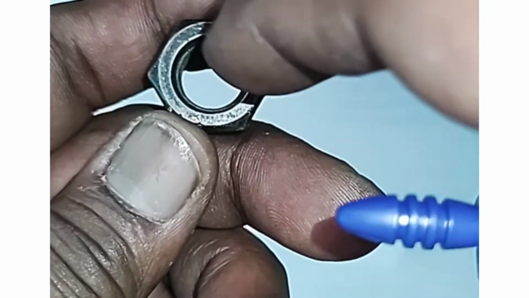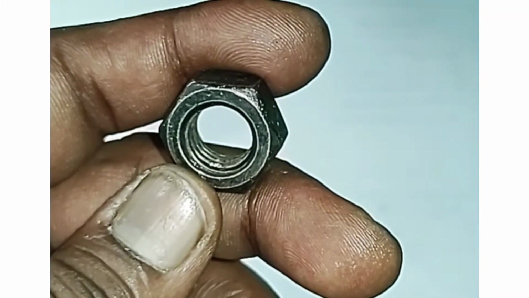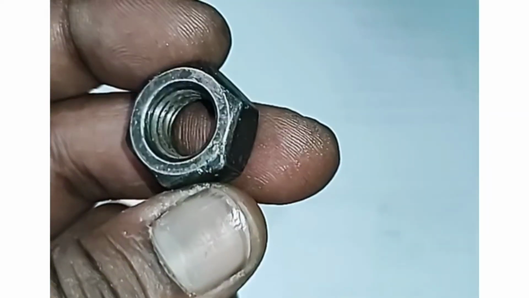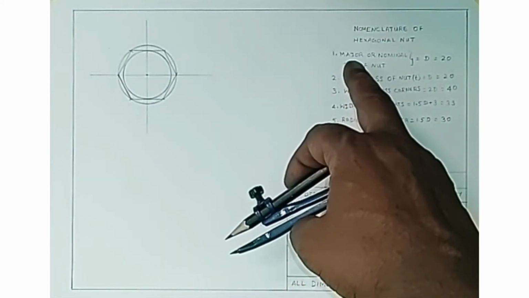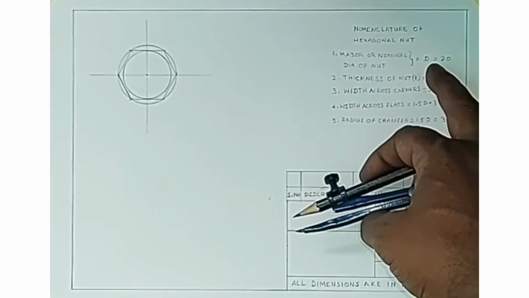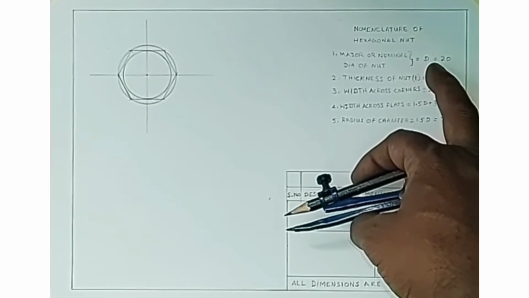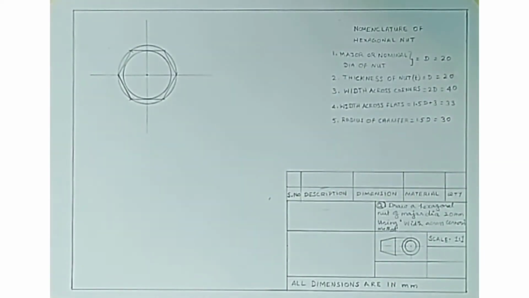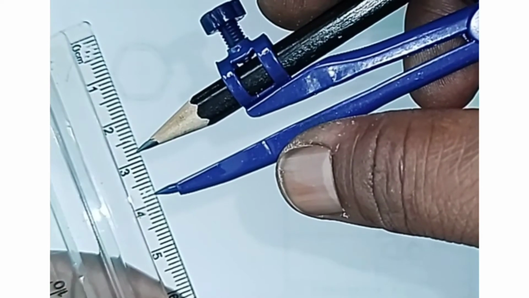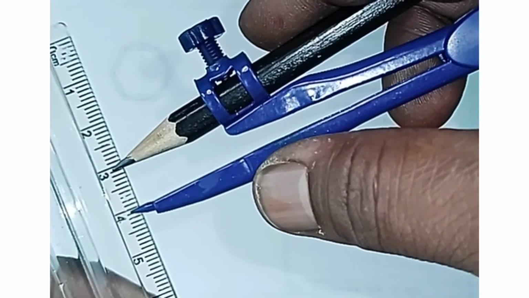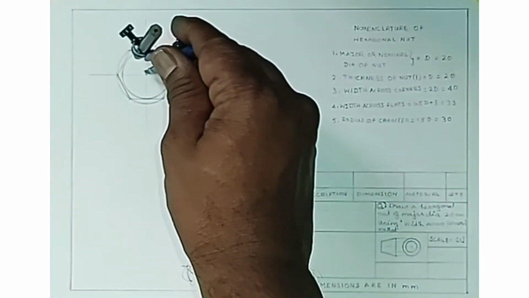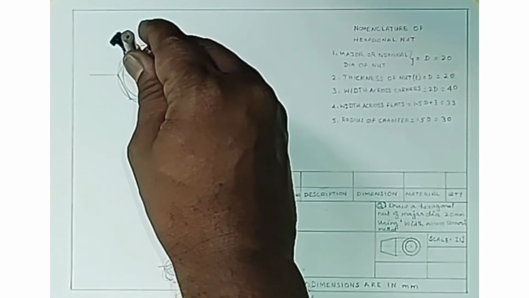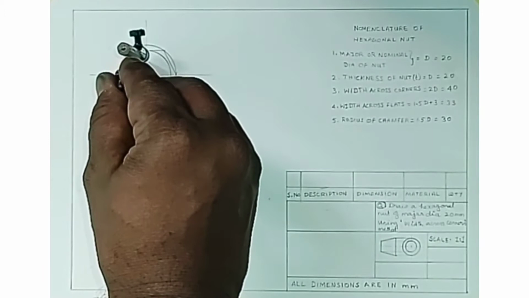So now I am going to draw the thread portion of this nut. It has internal threading, so I am going to represent the internal threading now. For that purpose, take the major or nominal dia. Nominal dia is 20. So half of it, the radius, means 10 mm. Take the 10 mm radius using compass. Draw a circle of intermittent line, 3/4 of a circle.